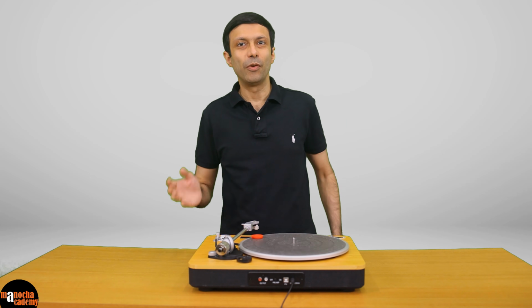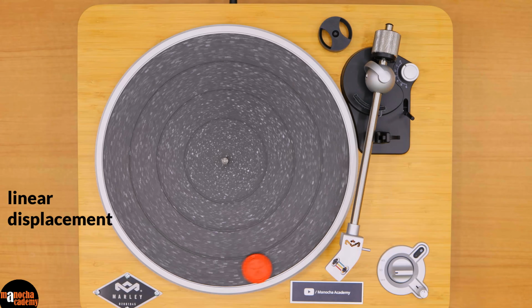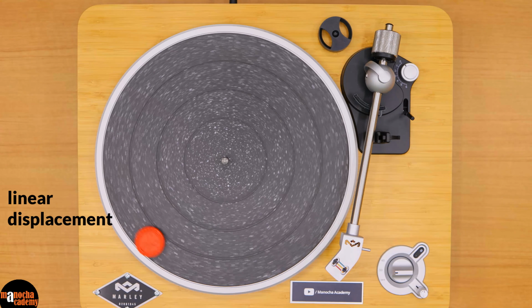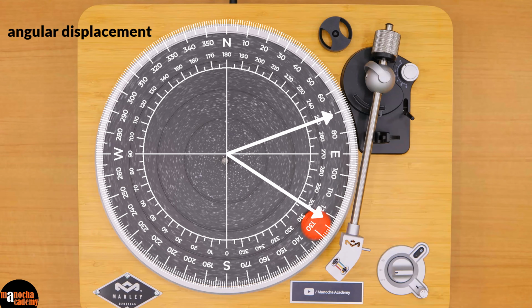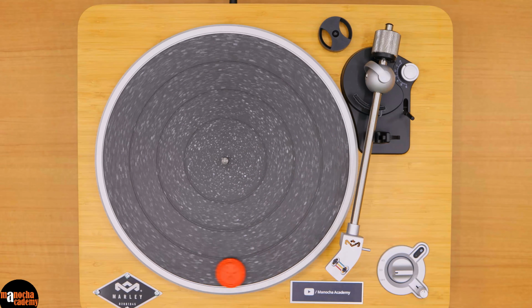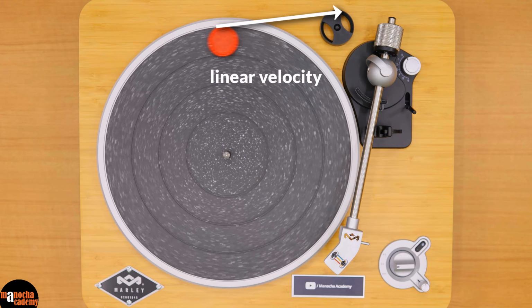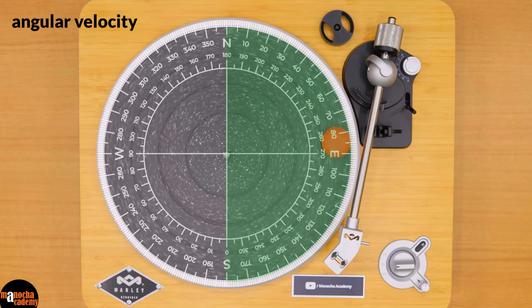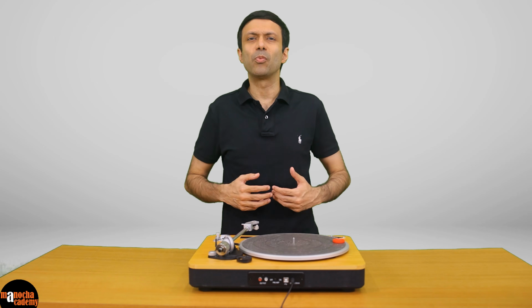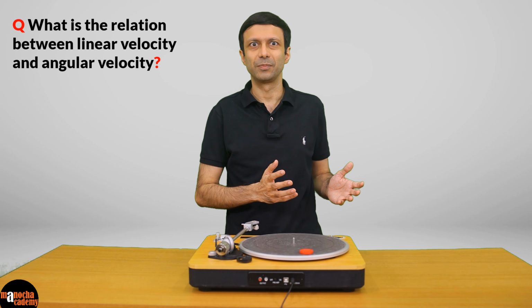When a body is in uniform circular motion, we talked about two displacements: linear displacement or tangential displacement, that is measured along the tangent to the circle, and angular displacement, that is the angle covered. Similarly, we can have two types of velocities: linear or tangential velocity and angular velocity. Let's look at the relation between linear velocity and angular velocity.